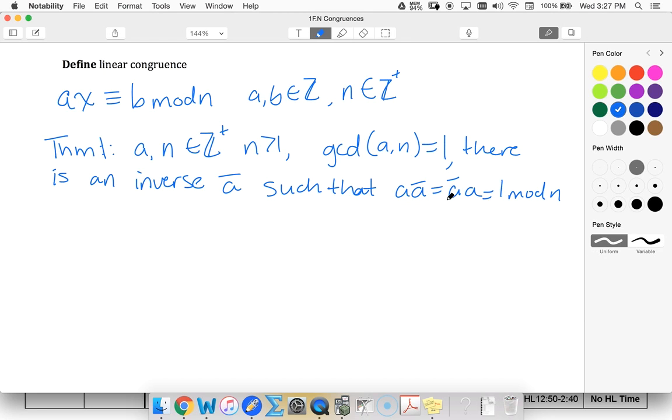And our a bar is going to be a positive integer less than n. This is also unique mod n. So a bar is unique.